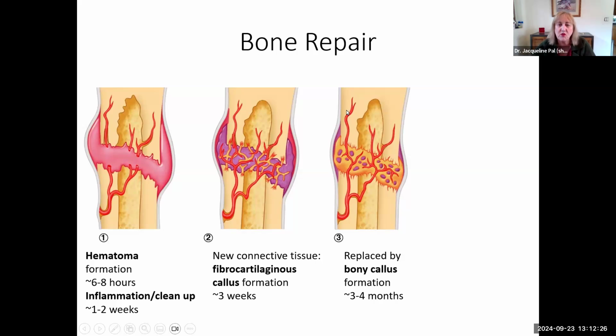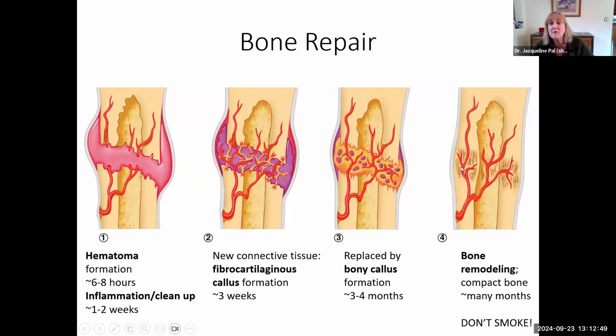If the periosteum was torn, then fibroblasts made a new periosteum. But as you can see, this still does not look like normal bone. And that requires the fourth step. And the fourth step is bone remodeling. And this can take many months.